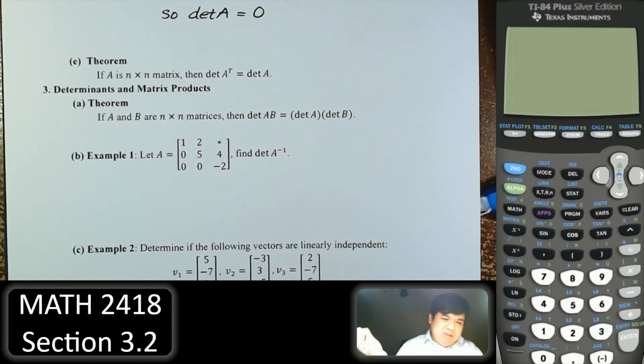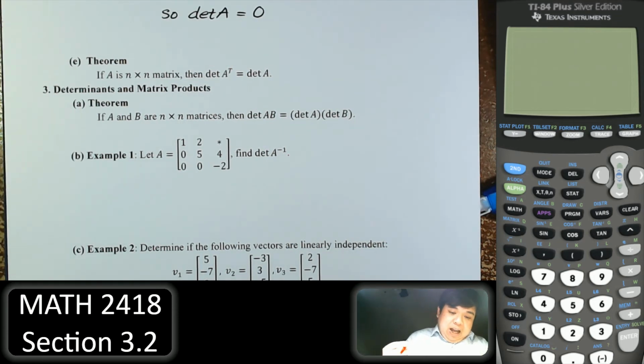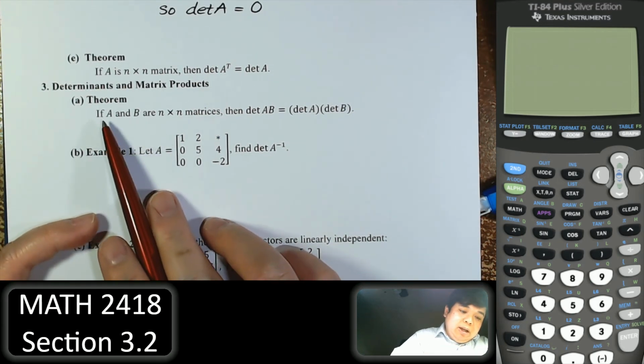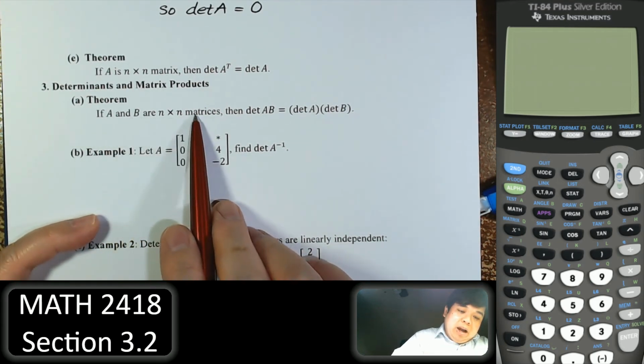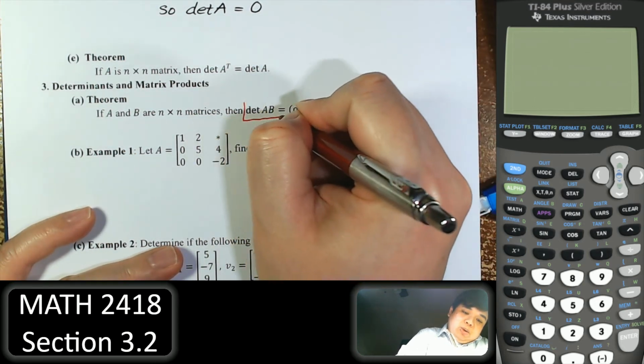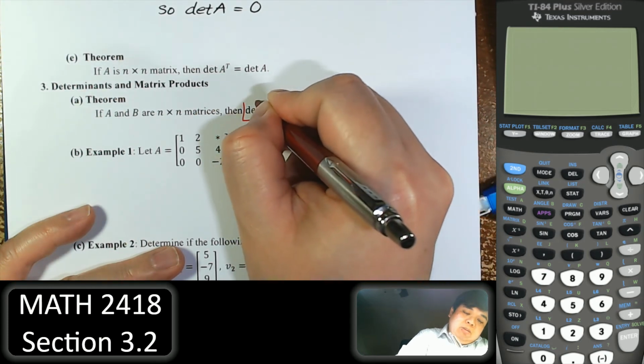So row or column, it doesn't matter. And last, we have this. If A and B are n by n matrices, then determinant of A times B is equal to determinant of A times determinant of B. Of course, if the matrices are square matrices.